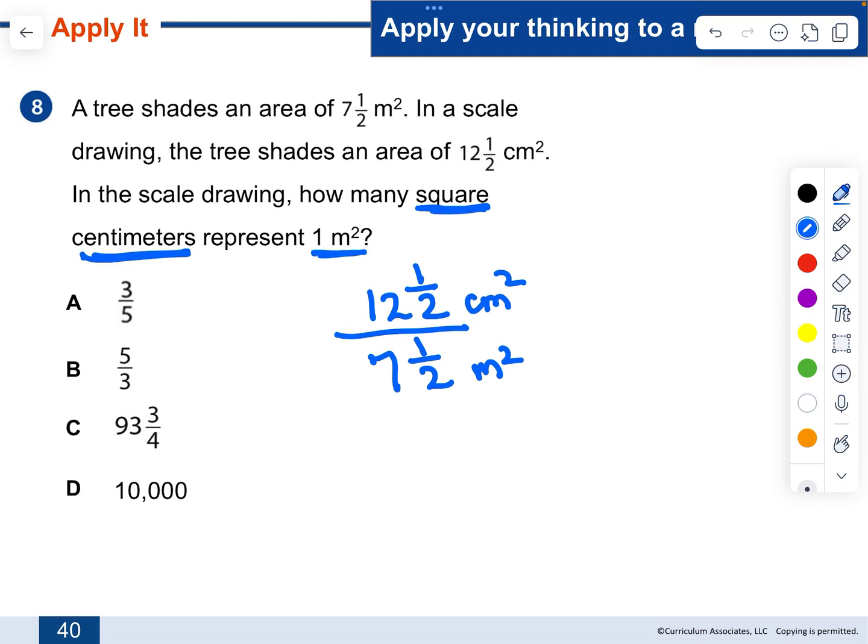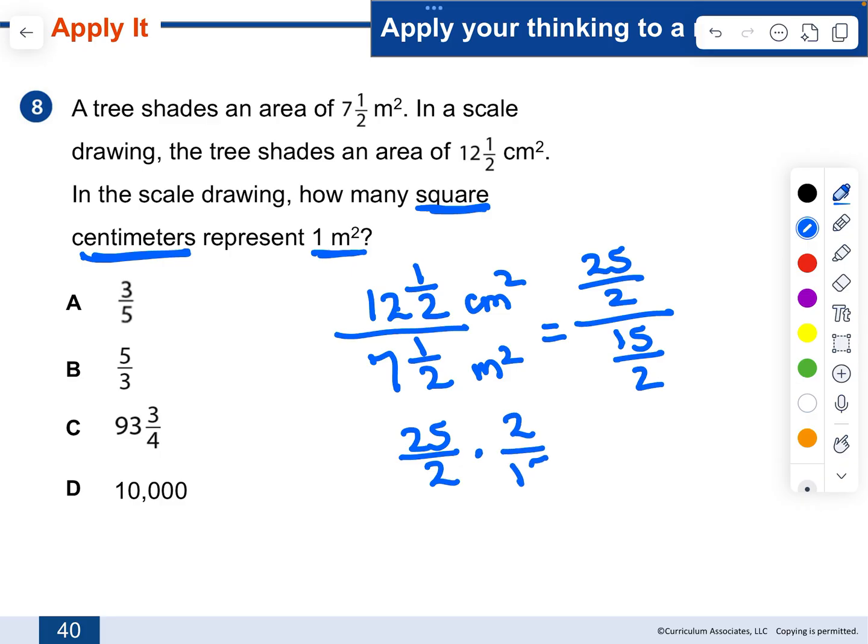So we could pick up a calculator, but I don't think we need to. Let's divide this. We need to change our mixed numbers into improper. 2 times 12 is 24, plus 1 is 25. So we could change that to 25 halves. 2 times 7 is 14, plus 1, 15 halves. And now I can multiply by the reciprocal.